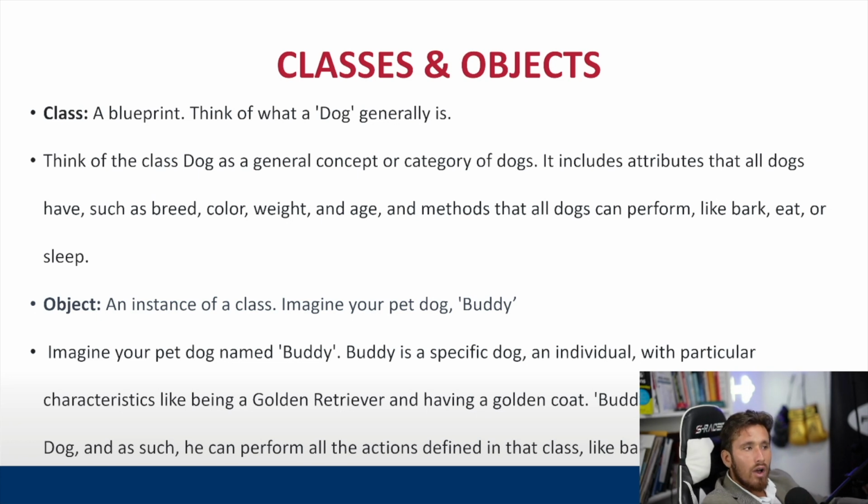So we can attribute these values, such as its breed, its color, its weight, to this specific object called Buddy. So we're able to do this, and we can call this object Buddy and call its actions in order to allow us to manipulate whatever code we're writing.